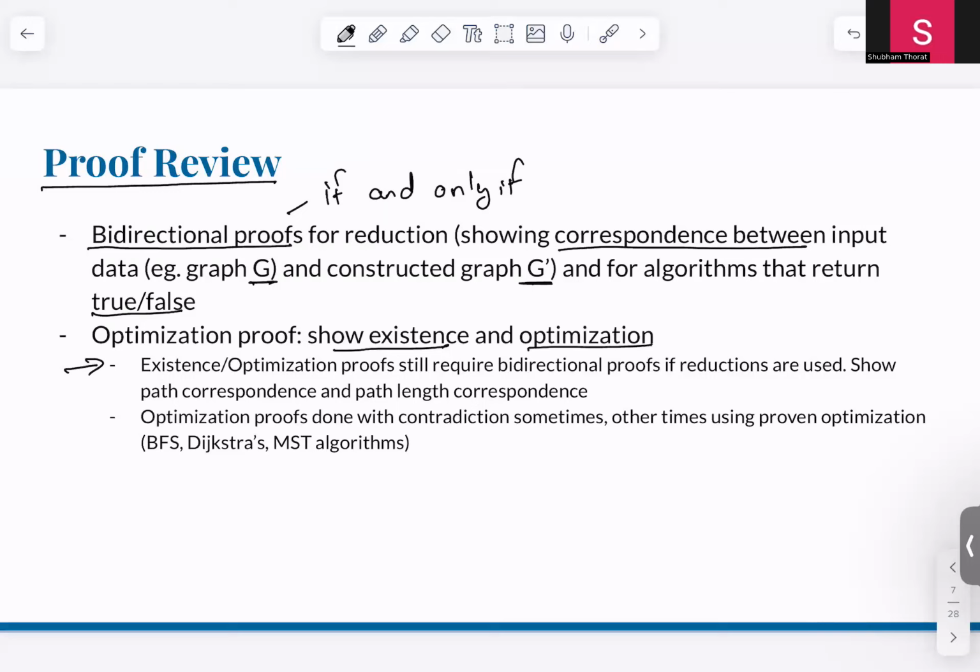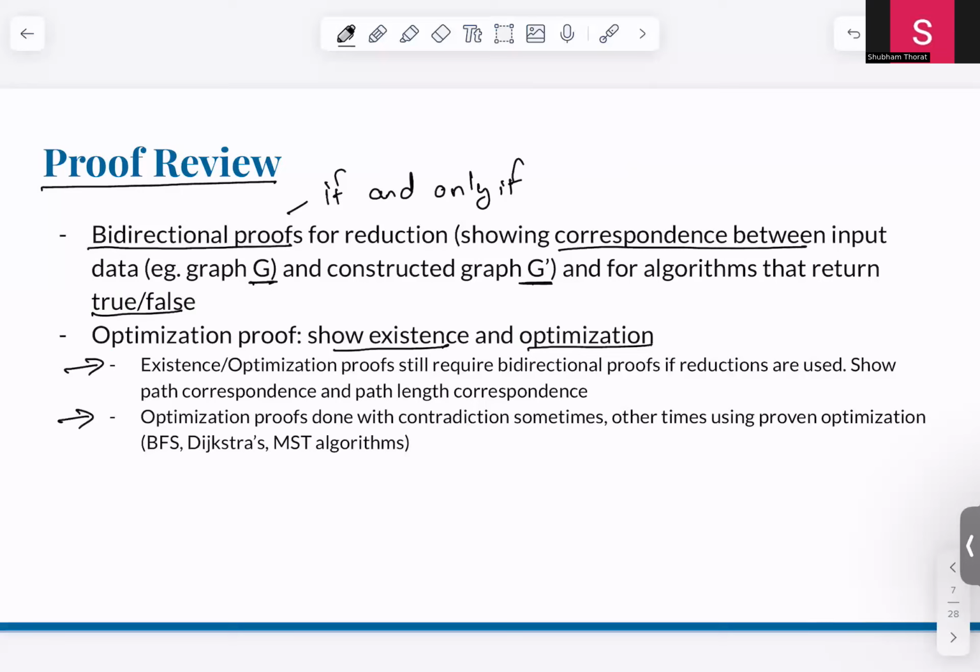Because what you are trying to do here is, suppose the question is asking you to find a minimum path from S to T, first you want to show that there is a path from S to T, right? So in that case, if you have a modification from G to G prime, then you want to show the correspondence between these two graphs. And in that case, we generally use a bidirectional proof. Okay. Like if there is a path in G, then there is a path in G prime as well. Okay. So existence, and then you have optimization.